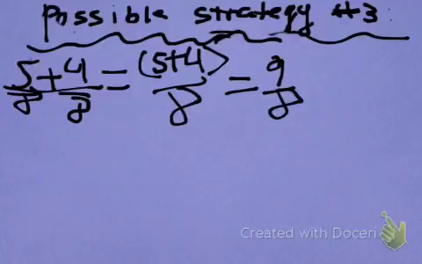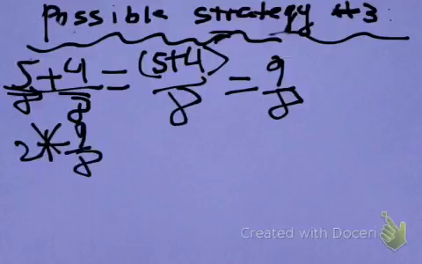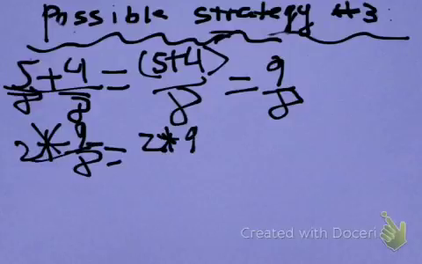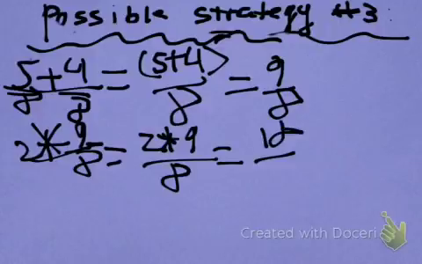Then we're going to multiply that sum. So 2 times 9/8 equals 2 times 9 over 8, and the final answer is 18/8, like the other two.